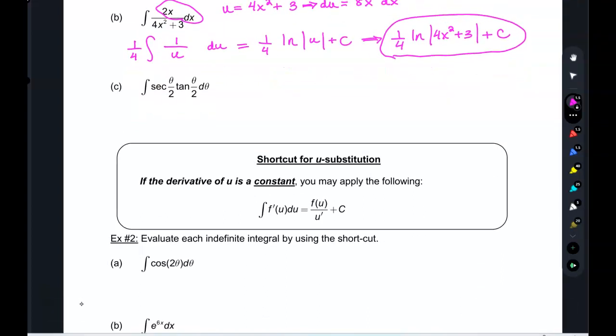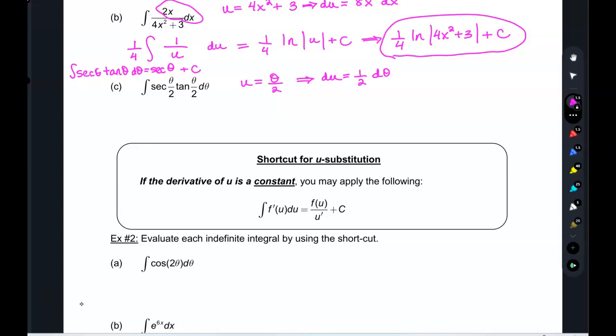So here, secant tangent, well, I know the antiderivative of secant theta tangent theta d theta is secant theta plus c. So really my inside part for the u substitution is going to be theta over 2. So I'm going to let u equal theta over 2, which implies du is just a half d theta.